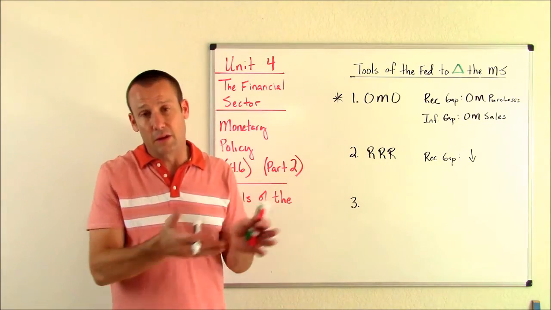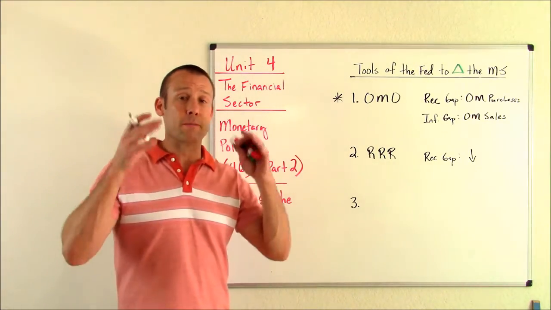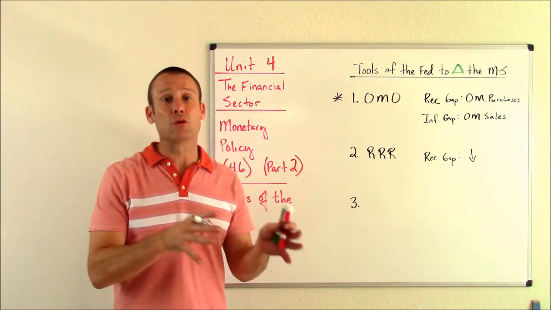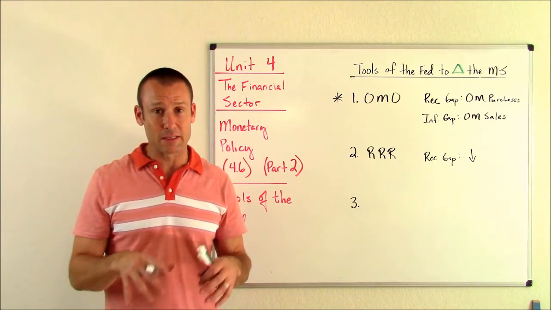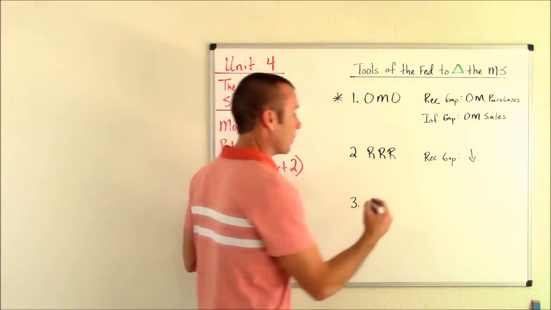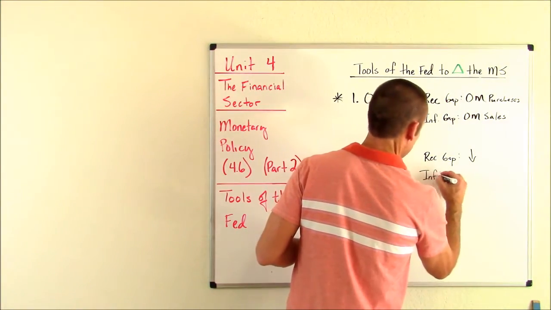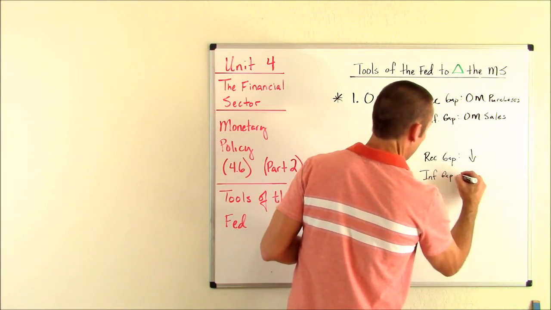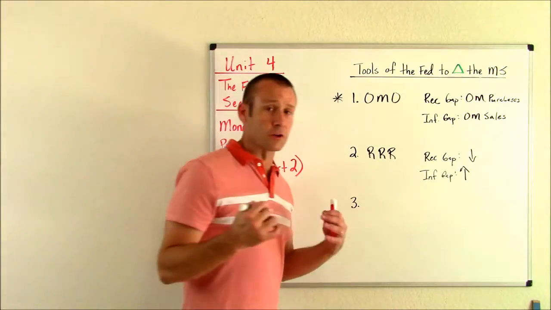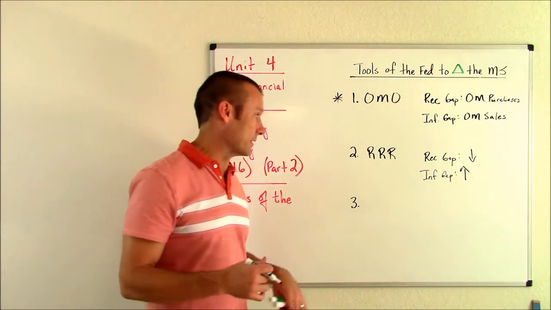If it was 10, they'd lower it to 5. If we're in booming times, they'd say, whoa, we need to curtail lending. We're going to make you hold on to more of your demand deposits, not be able to lend out as much of your reserves. So in an inflationary gap, which we associate with boom times, they would raise the required reserve ratio to curtail borrowing and lending.